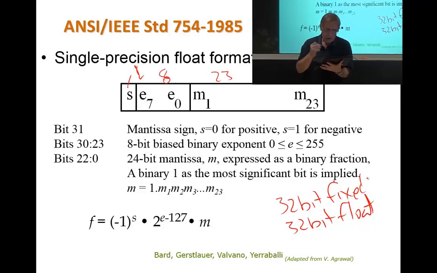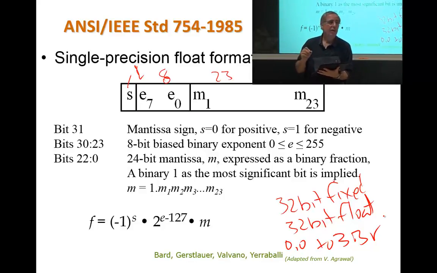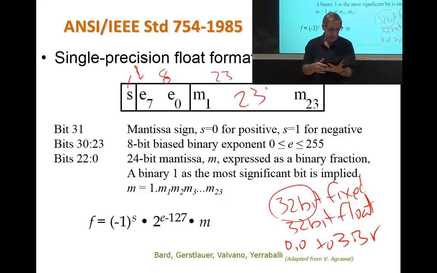Let's say you're trying to represent the numbers from 0.0 volts to 3.3 volts. Which number system is better? And why is fixed point better than floating point for this specific problem? And that is, I got 32 bits here, but only 23 bits there. So the number of just choices in this scheme is a lot less.